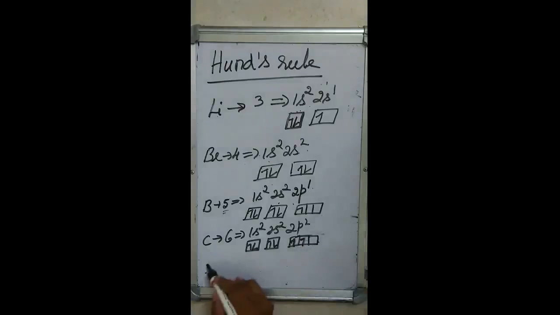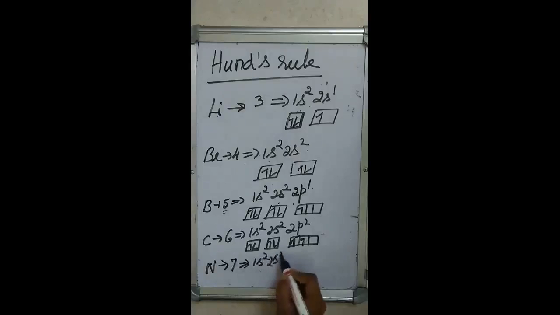Now the next element is nitrogen. Atomic number is 7. 1s2, 2s2, 2p3. This I will not write directly. I will write here. So 1, 2, and 3. Now here singly occupied.